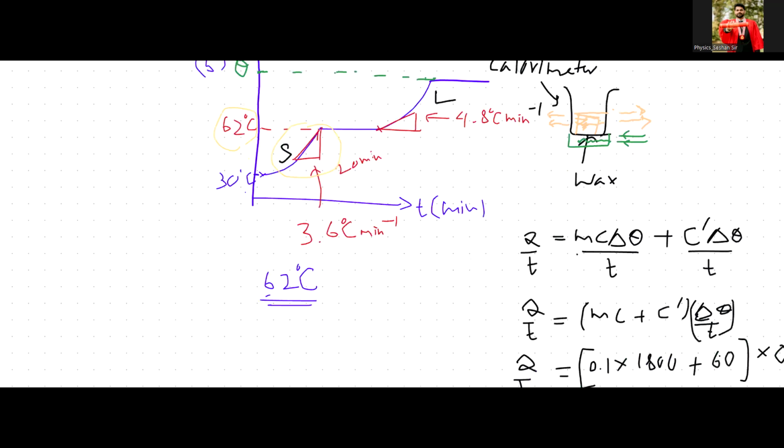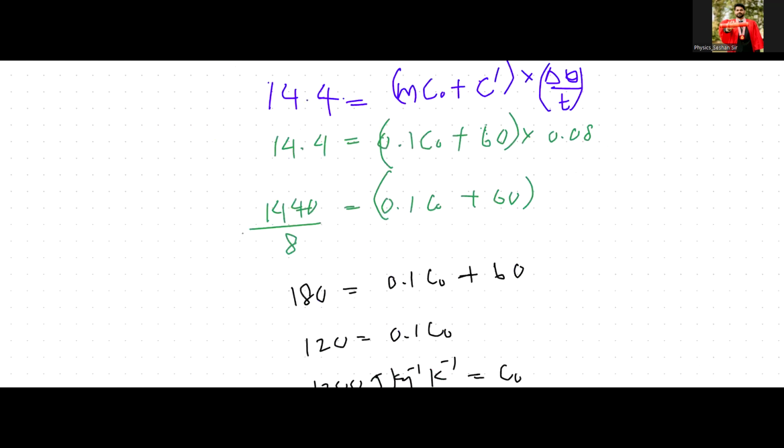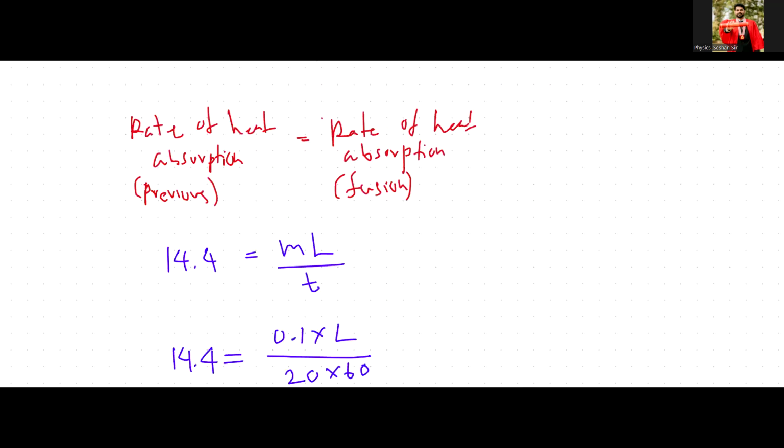Now we have to use Newton's law of cooling for this one. So now I'm going to use that. Look at this very carefully. Do you remember that equation?